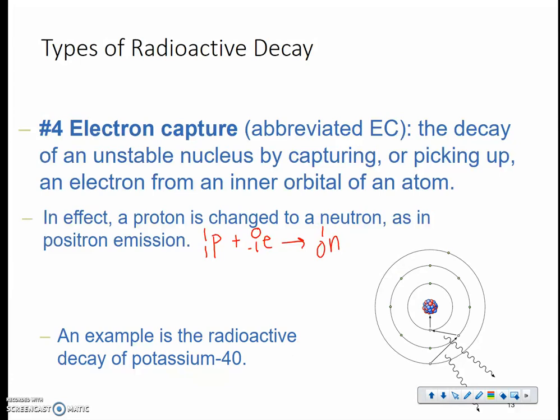So the atomic number again is going to go down, but the mass number is going to stay the same. So for example, potassium adds this electron or beta particle. Mass number stays the same, but the atomic number goes down, which in this case is going to be argon.